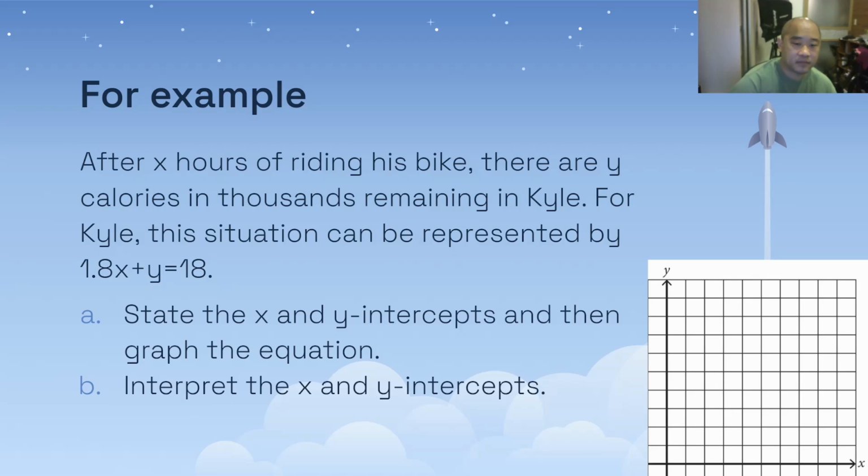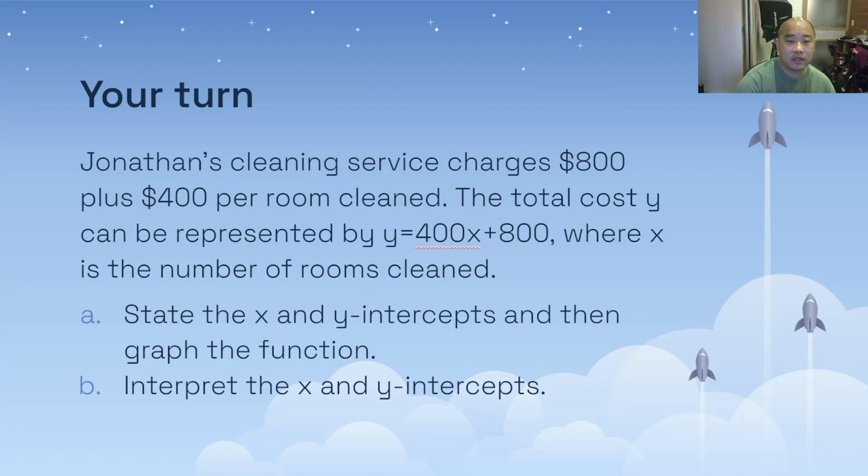Okay, last, your turn. Jonathan's cleaning service charges $800 plus $400 per room cleaned. The total cost, Y, can be represented by this equation. So total cost is Y. X is the number of rooms. State the X and Y intercepts. Okay, so at least we have a little bit more room this time.